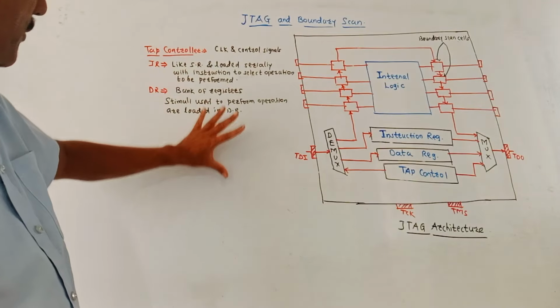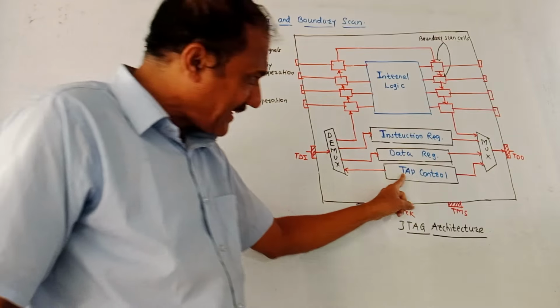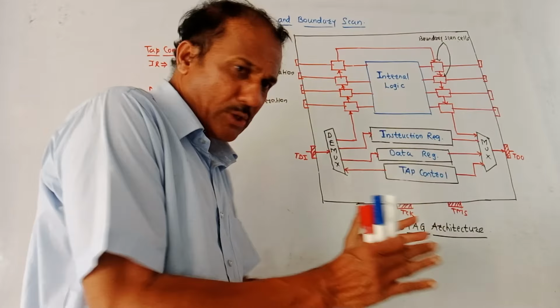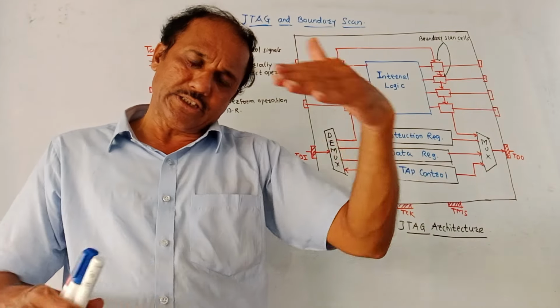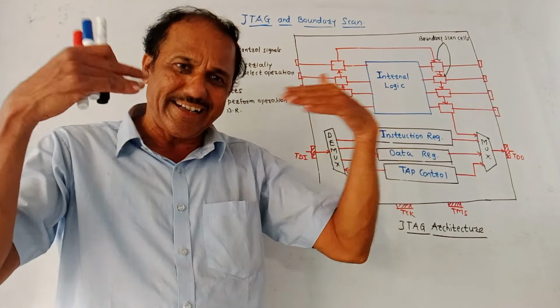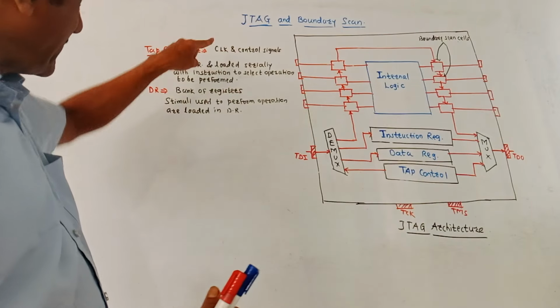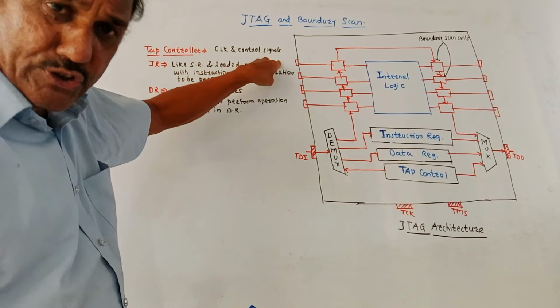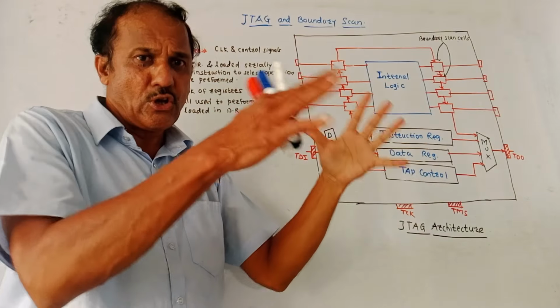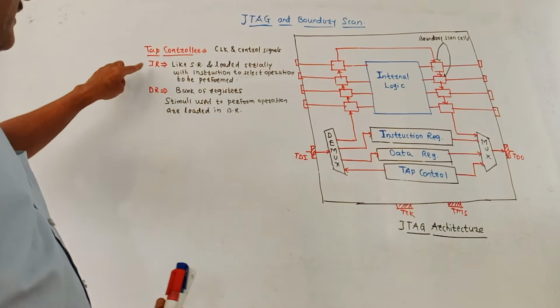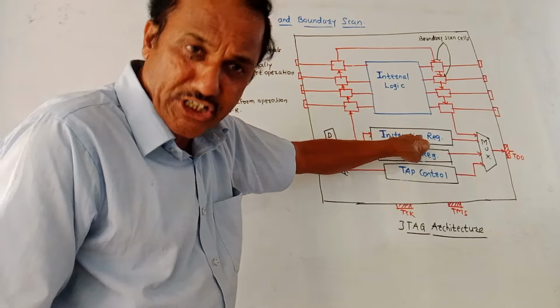Now I have written a few important points related to this. As I said, the TAP controller is the major block. As the name indicates, it is responsible for controlling the entire testing operation. So it generates clock signals and control signals to control the operation of this boundary scanning. Then IR, that is the instruction register.